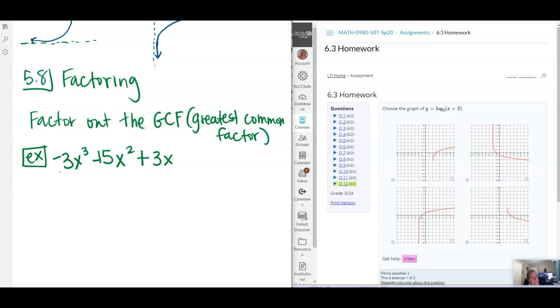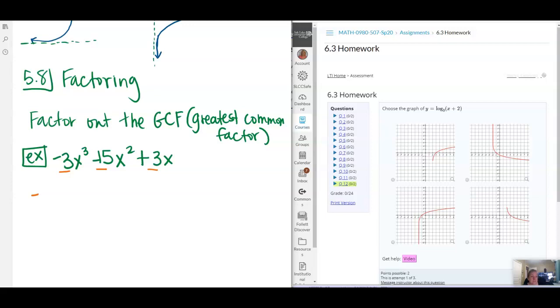You're looking at the number part. What is the biggest number that will divide into negative 3, negative 15, and positive 3? Well, when the first term, the leading coefficient, is negative, we want to use that as part of our greatest common factor. So we're going to factor a negative out of this.